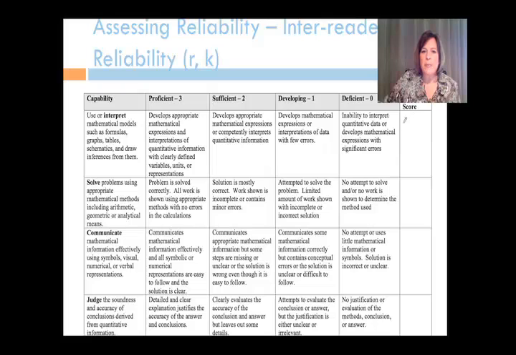So with score number 1, they could give, let's say, a 1 on this capability, a 2 on this capability, a 3 on this capability, and a 2 on this capability, so that we have a total score of 3, 6, 8.